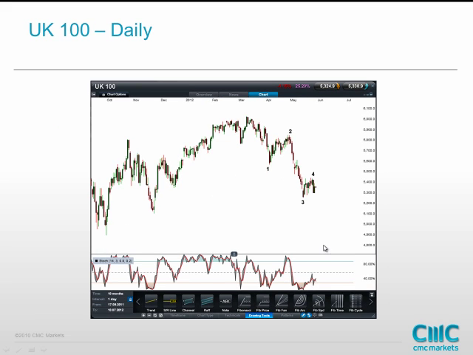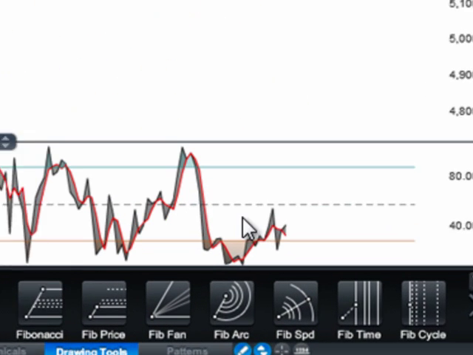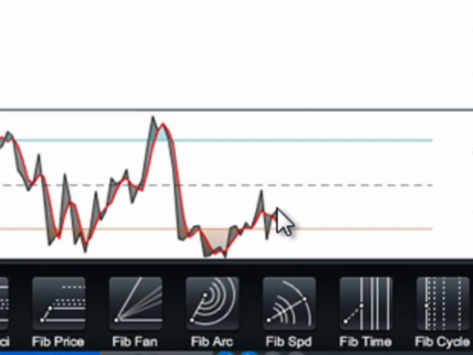Now, this is on the daily chart here, so I'm looking at things from a swing trader's perspective. And here we see that the stochastic is actually trending up at the moment, so it would keep you out of a short trade from a swing trade on the hourly chart.